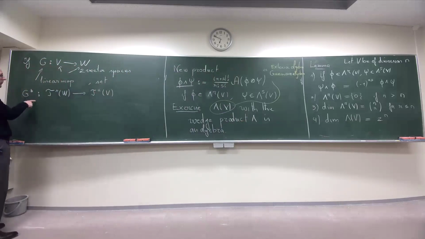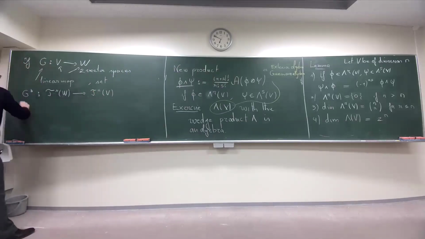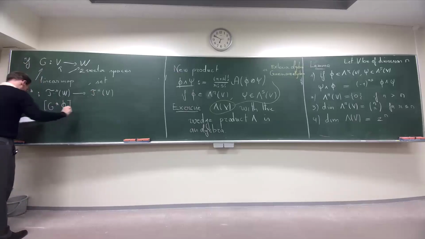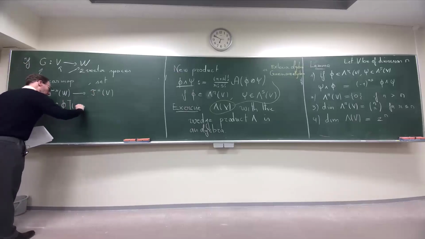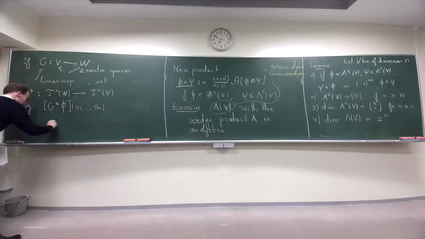I'm going to define a map from the set of tensors of degree r on W to the set of tensors of degree r on V by G star on a tensor phi evaluated at V1 up to Vr is equal to this.